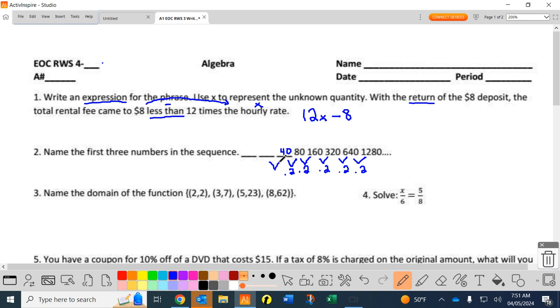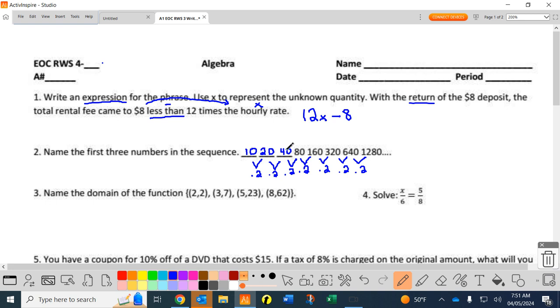So dividing by 2 would put us at 20. And then again, since multiplying by 2 is the consistent theme, we go backwards and divide 20 by 2. That's going to put us at 10. So the first 3 numbers in that sequence are going to be 10, 20, 40.